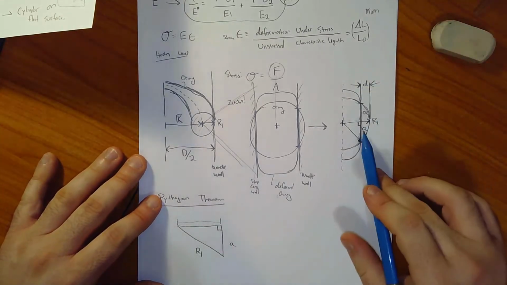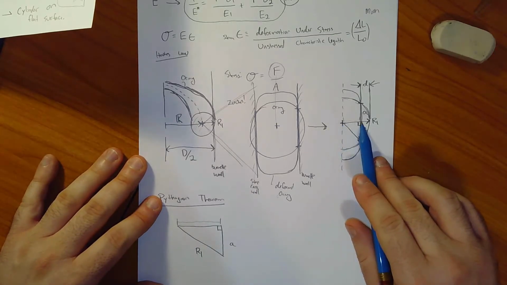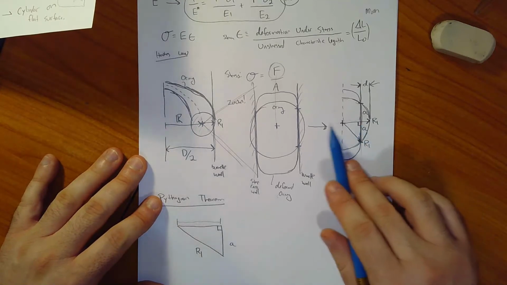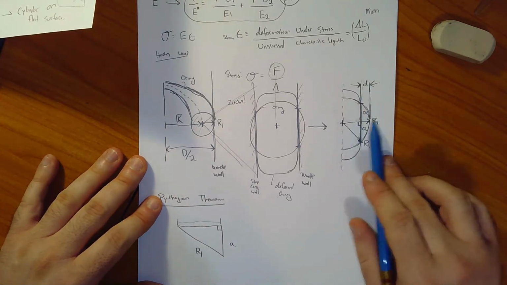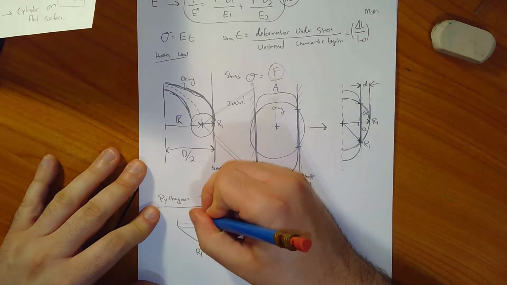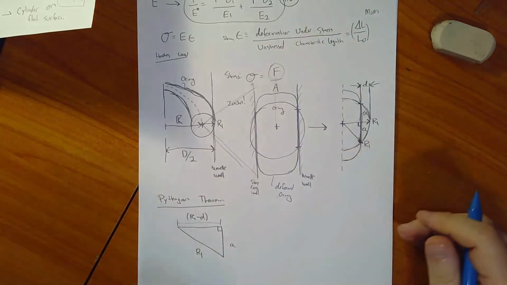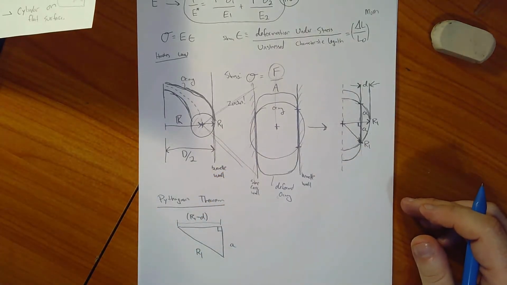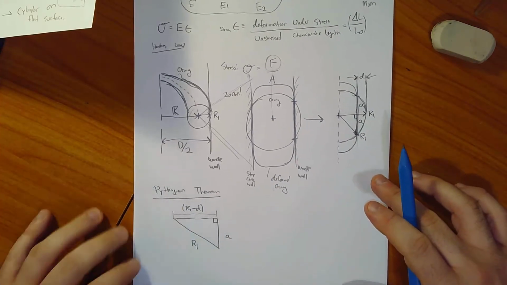What that means is that if I start here at this O-ring center line and go just to that location, I've traveled the distance R1 minus d. So this is just R1 minus lowercase d. We'll see in a second what that is, but for right now we'll just leave it there.